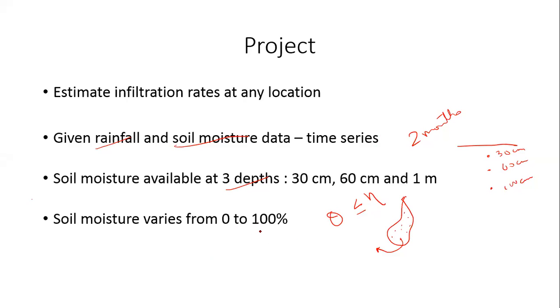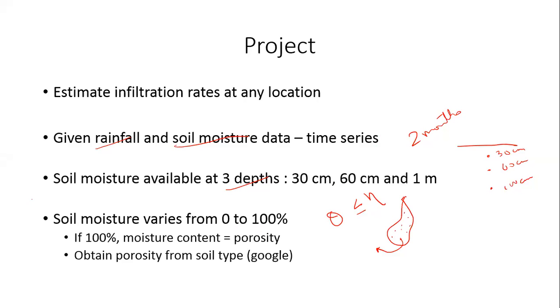But if the value given in this database is 100%, that means the moisture content is equal to porosity. Okay. So that's the only thing. And whatever number, if it says 80%, then it is 80% of porosity. If it says 40%, then it's 40% of porosity. If it says 0, that means it's perfectly dry, and so on.